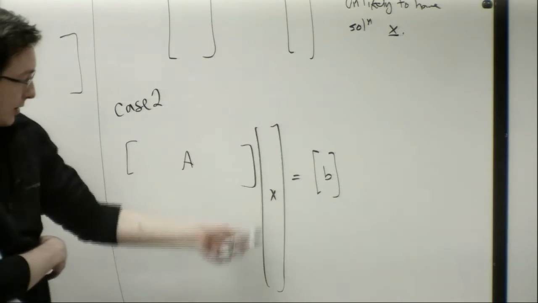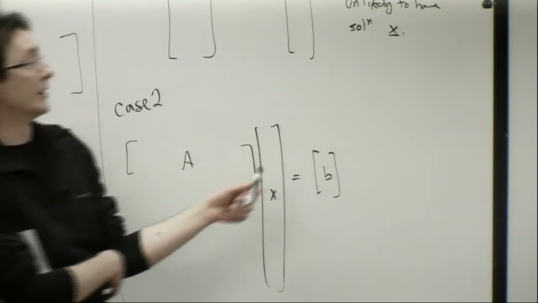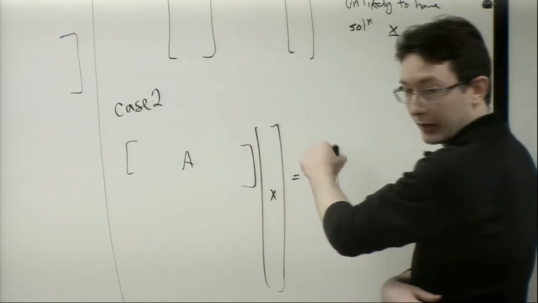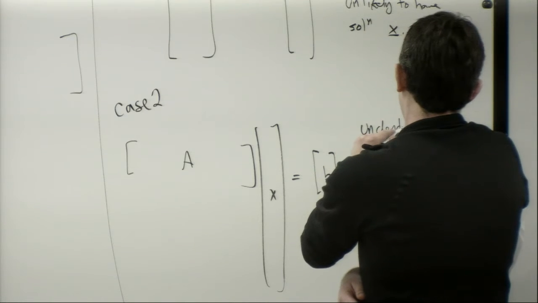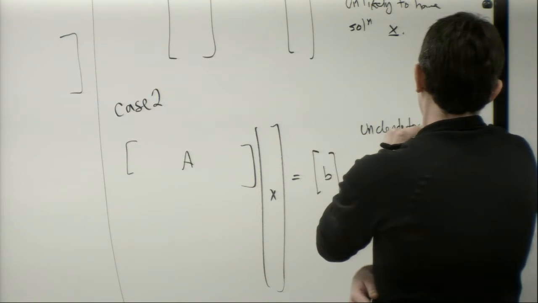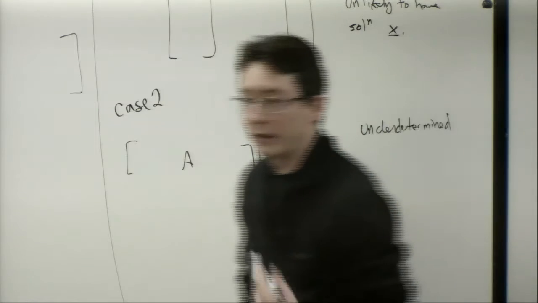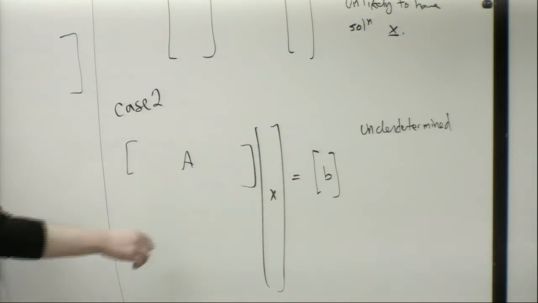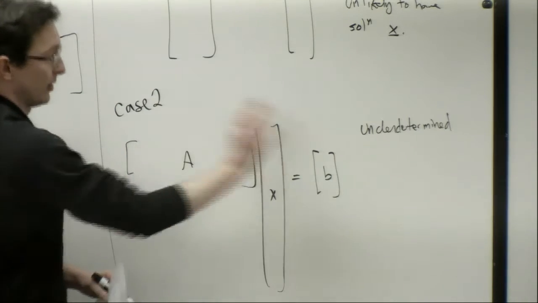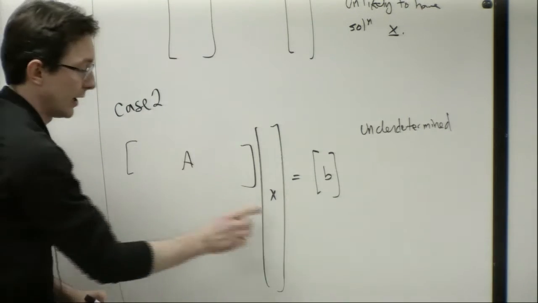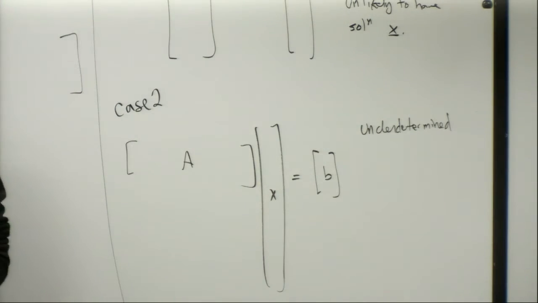Okay, lots more unknowns than there are equations, so we call this underdetermined. There's not enough information to determine the solution. And what do we say about this underdetermined system? What's likely? So let's say I randomly populate A with values and I randomly populate B with values. What's likely to be true of X?